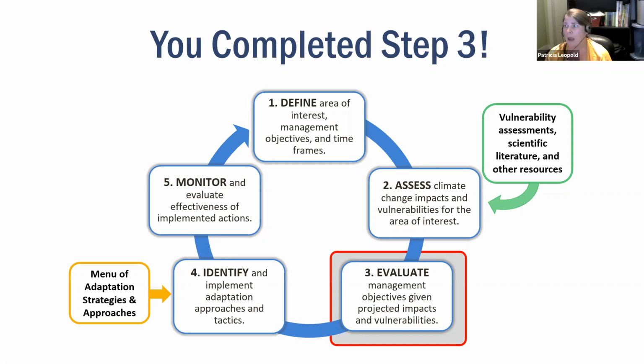And you think about how climate change will affect your management goals and objectives. So in this step, we weigh the challenges and opportunities that climate change presents. And we also determine the feasibility of meeting our management objectives using our usual management.